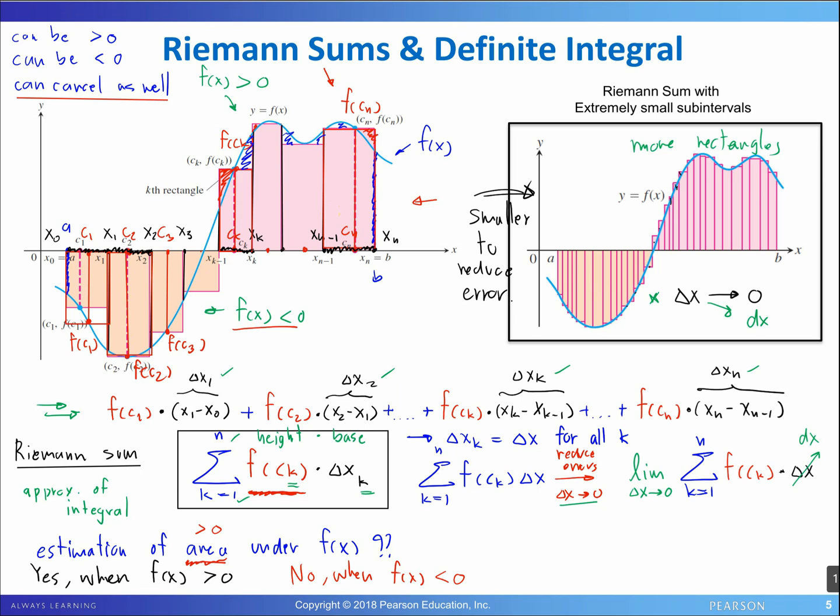However, when it goes to 0, then the number of rectangles would be infinitely many. So make a note right here: infinitely many rectangles when delta x goes to 0. This means that n right here is going to go to infinity. We have so many of them.